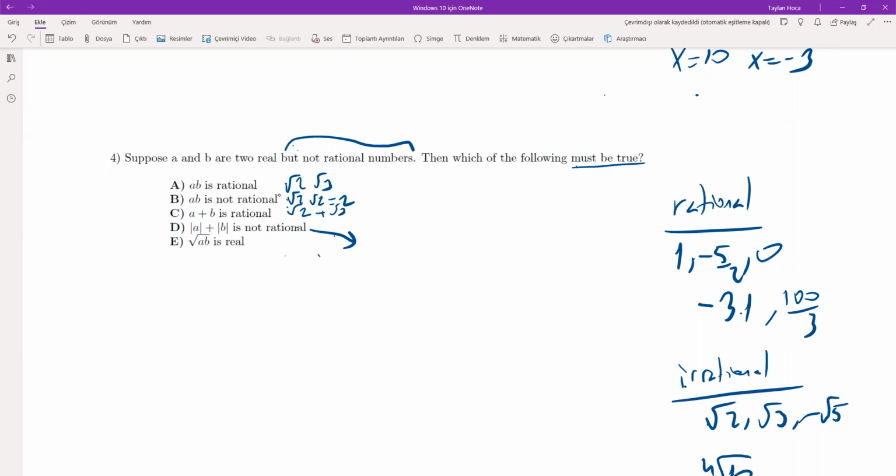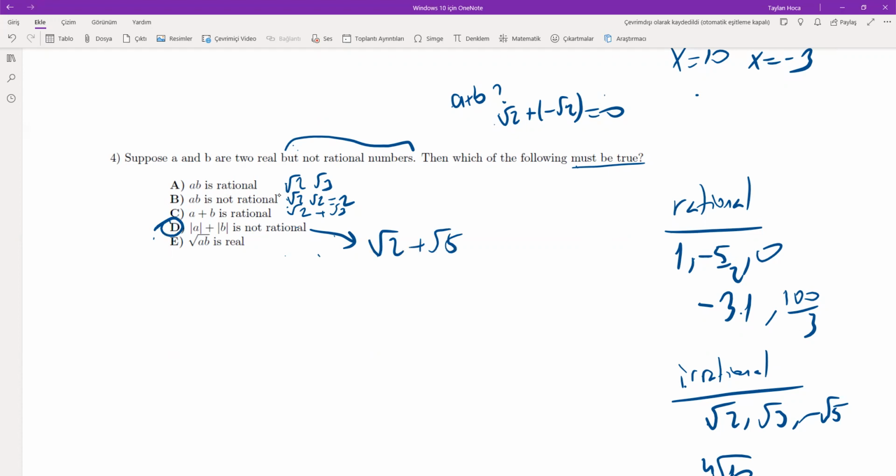So I did that on purpose, because if I didn't use absolute values, for example, A plus B, in a rational case, square root of 2 plus negative square root of 2, which is 0, which is a rational number. But if two irrational numbers are positive, if I sum them up, it must be irrational as well.